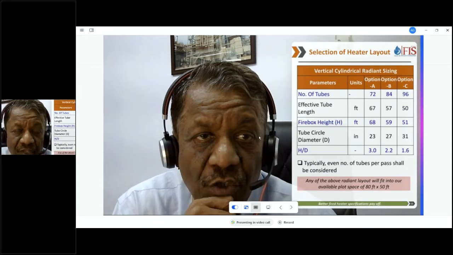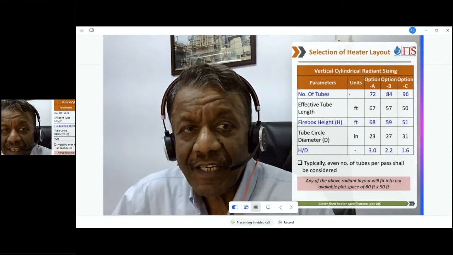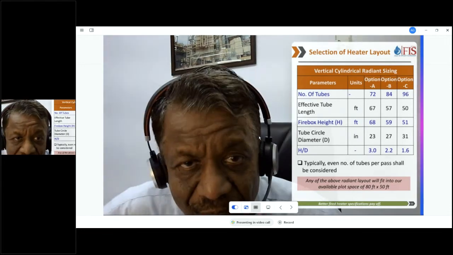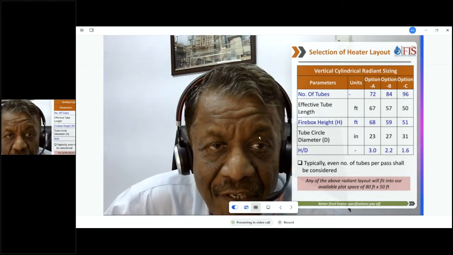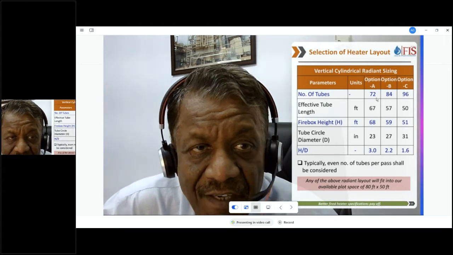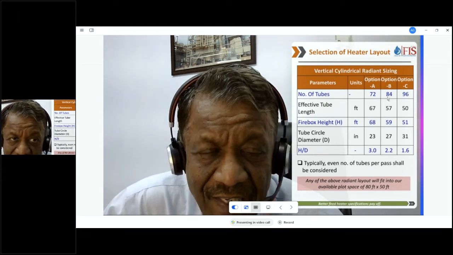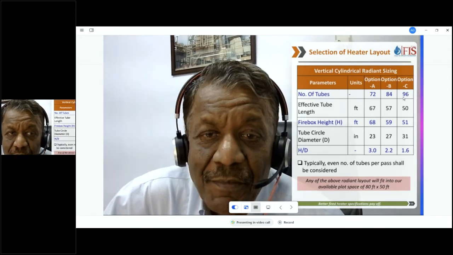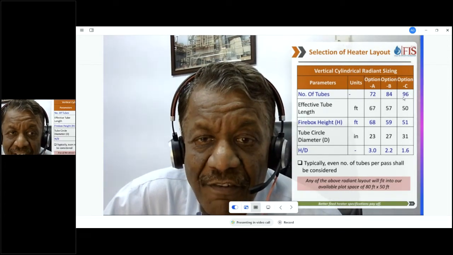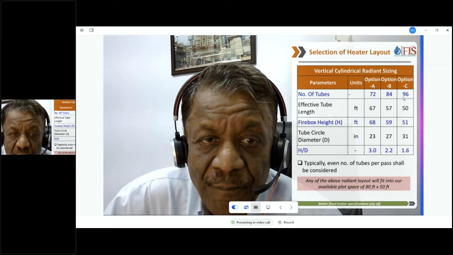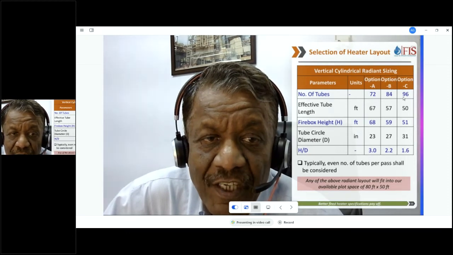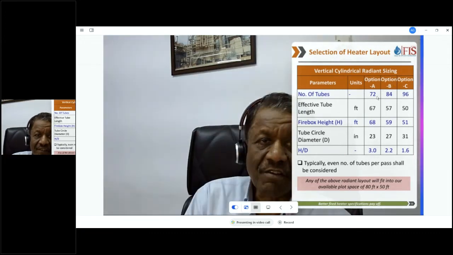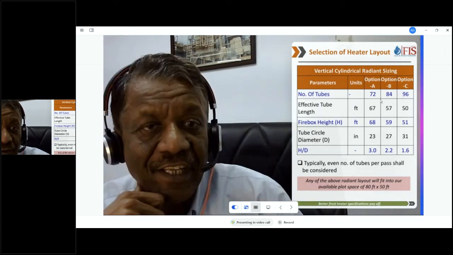So even in vertical cylindrical heater, I am showing you three options. We can have 72 tubes, we can have 84 tubes, we can have 96 tubes. You can see the number of tubes are multiples of 6 and 2, because we want to have an even number of tubes for each pass, and there are 6 passes, so we basically have a choice of 72, 84 and 96.